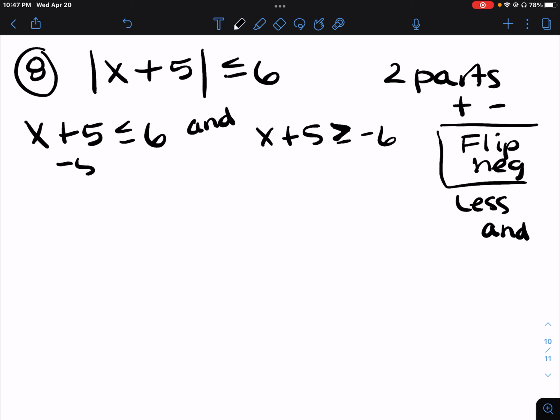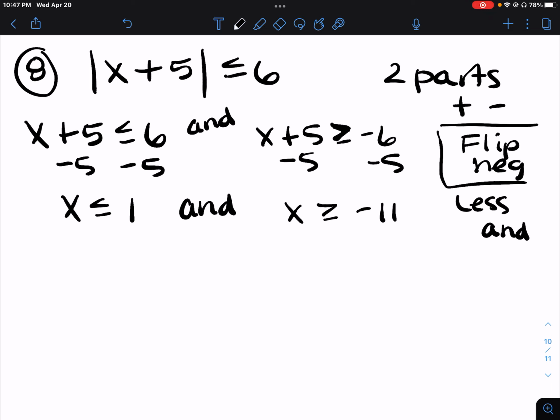So we want to get x by itself. Okay, get x by itself. So it's got to be less than or equal to 1 and bigger than or equal to -11. Okay, I'm going to use some colors.